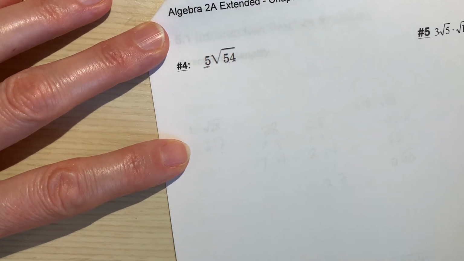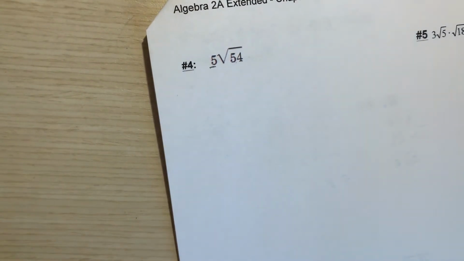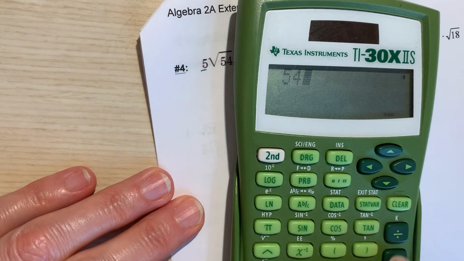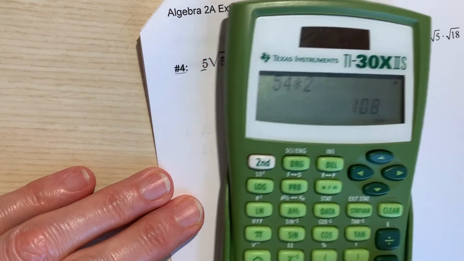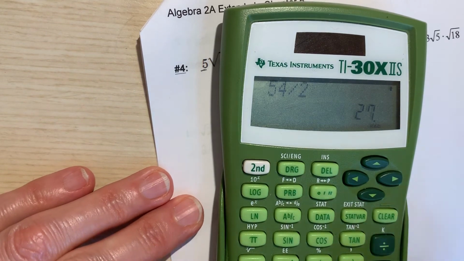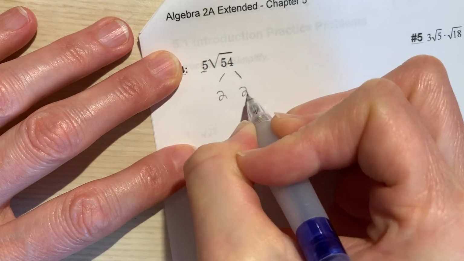So 54. Remember, if you can't think of what goes into 54, just grab your calculator and try it. Think, okay, 54, I'm not sure what goes into 54. So do 54 divided by 2. 27. Okay, so let's start our tree that way. 2 times 27.